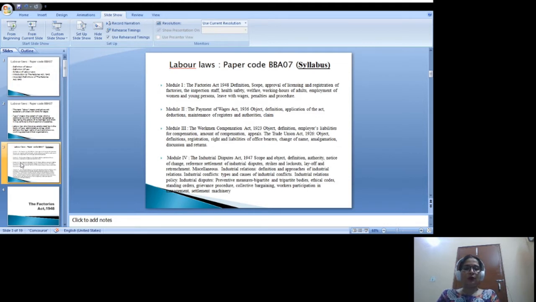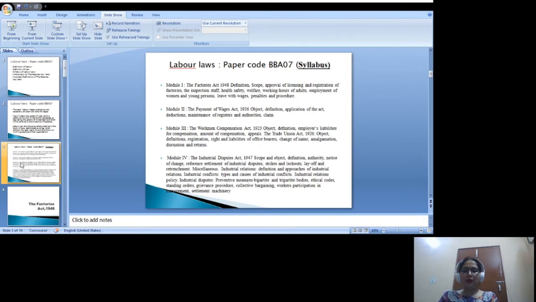And in unit 4 we will be completing the Industrial Dispute Act 1947 and various industrial relations approaches, then conflict, the various machinery for overcoming industrial disputes, collective bargaining, and grievance procedure, all of which are related to industrial relations. So in our syllabus we have the Factories Act, the Payment of Wages Act, the Workmen Compensation Act, and the Industrial Dispute Act.